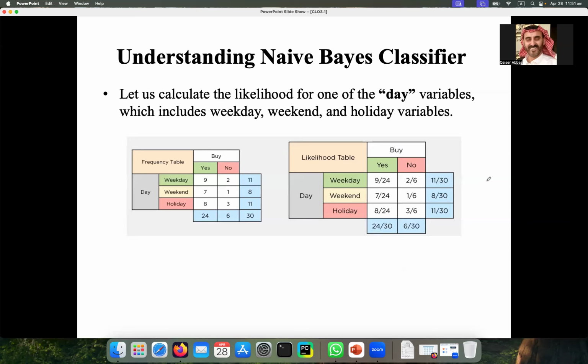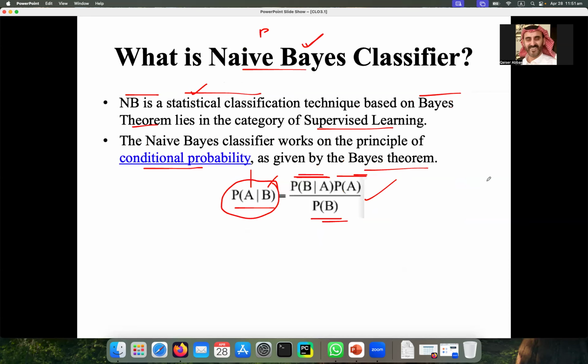If you have to calculate only probability or likelihood, then you only have to calculate that probability without any given thing. For conditional probability, some given thing will be given to you. For example, in this equation, B is given. When B is given, then this is conditional probability.